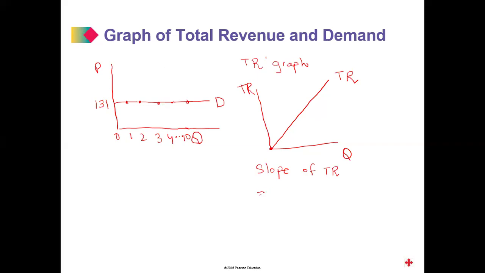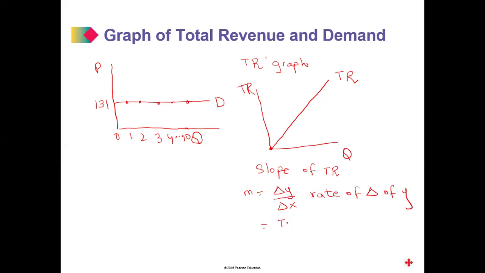The formula for slope is change in y over the change in x. Slope is actually the rate of change of y.